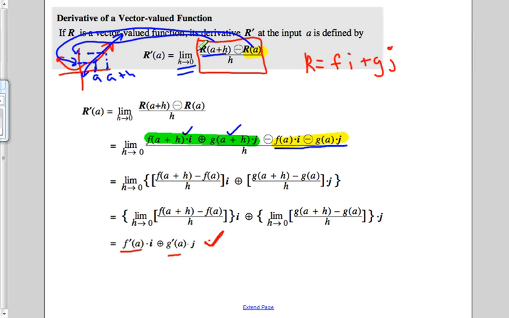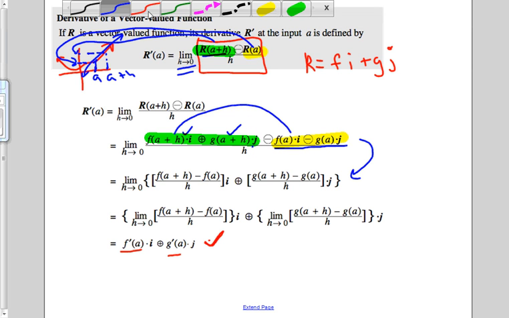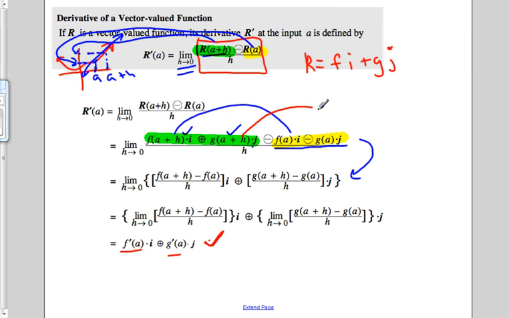This is this. And then we just reorganize this statement and say f of a plus h minus f of a, and g of a plus h minus g of a, that's here.